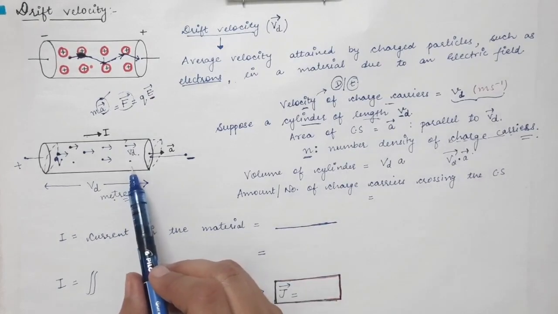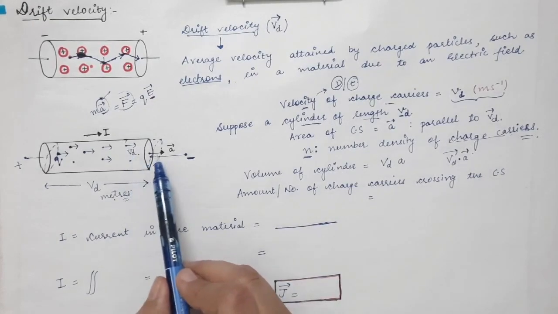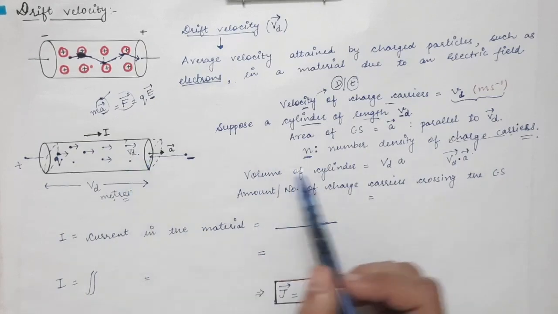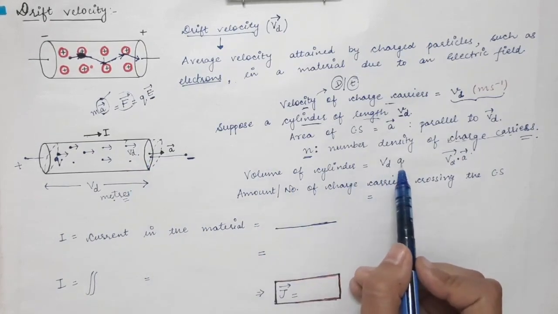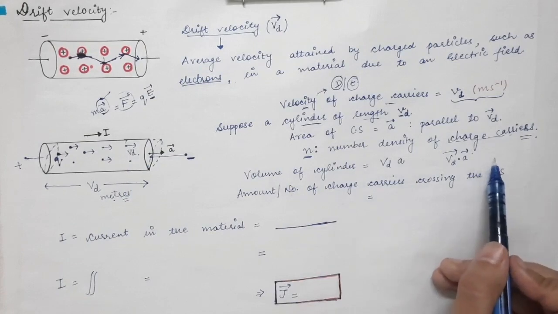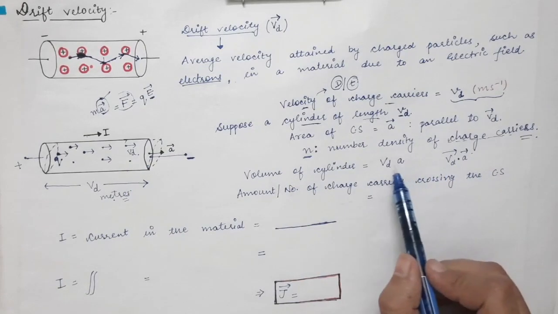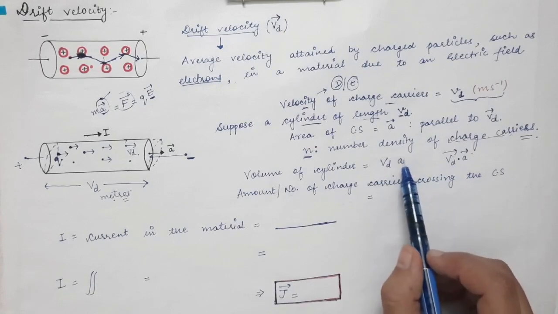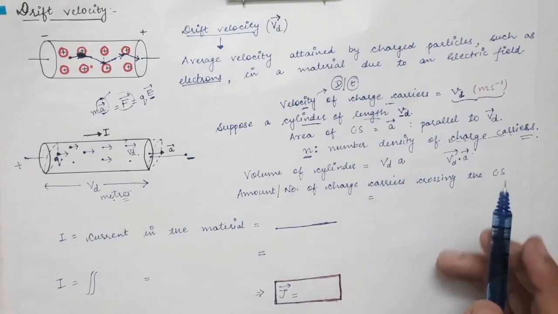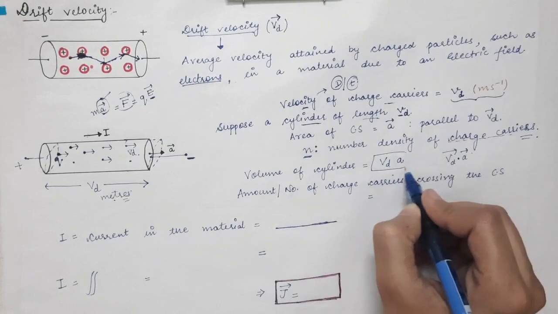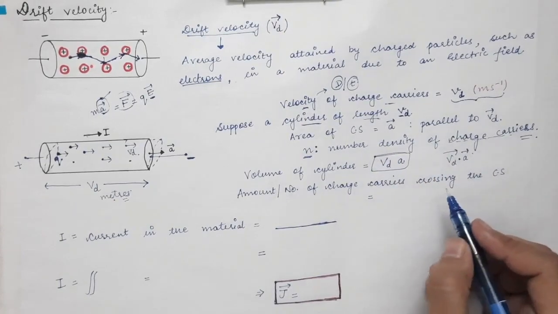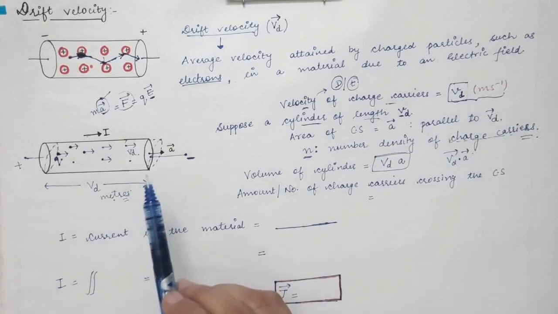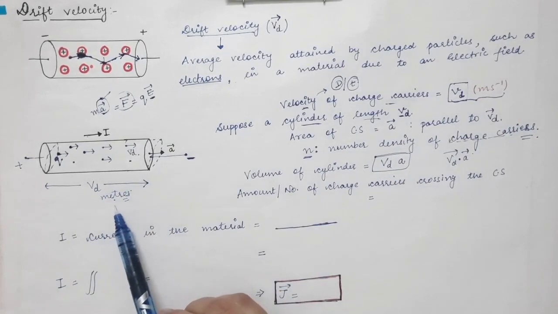But in our case, VD vector is in the direction of A vector, so theta will be equal to 0 and the volume of the cylinder will be just VD into the magnitude of the area vector, the cross section. VD is the length of the conductor which we have taken, equal to VD meters.